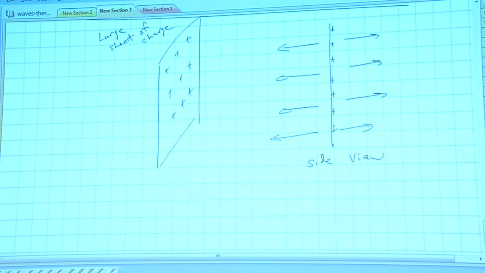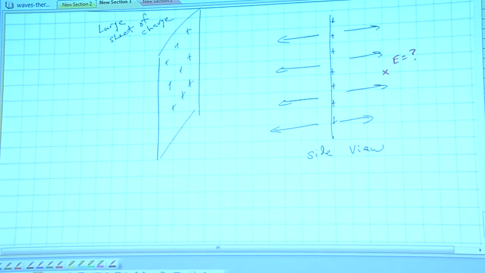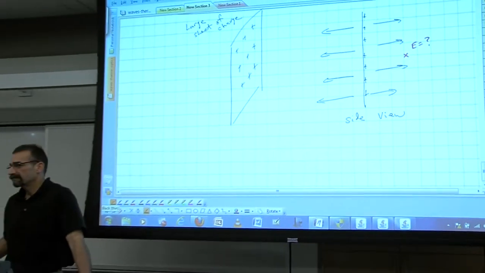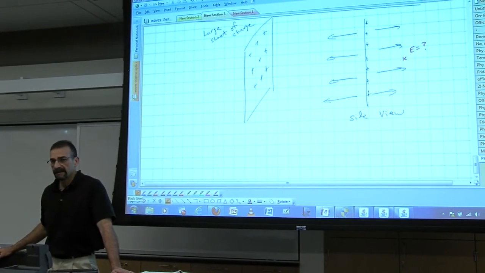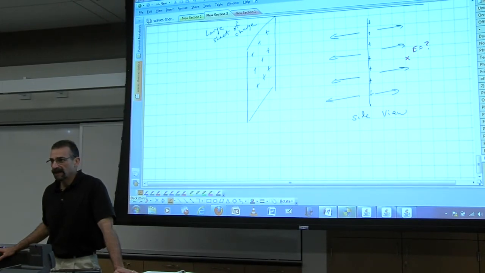So what kind of shape would you want to put in there? You want to know what is the electric field right there. What kind of shape are you going to put in here to help you find the electric field at that location?